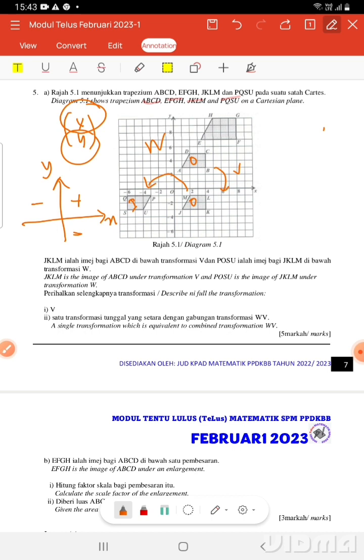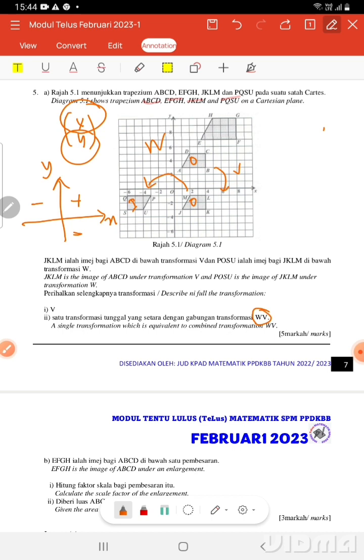So VW maksudnya, untuk yang first ni tadi, daripada objek ABCD, dia mengalami satu transformation V, dia pergi ke JKLM. And then from JKLM, dia mengalami satu lagi, dia jadi PQSU. Itu yang dikatakan gabungan VW.